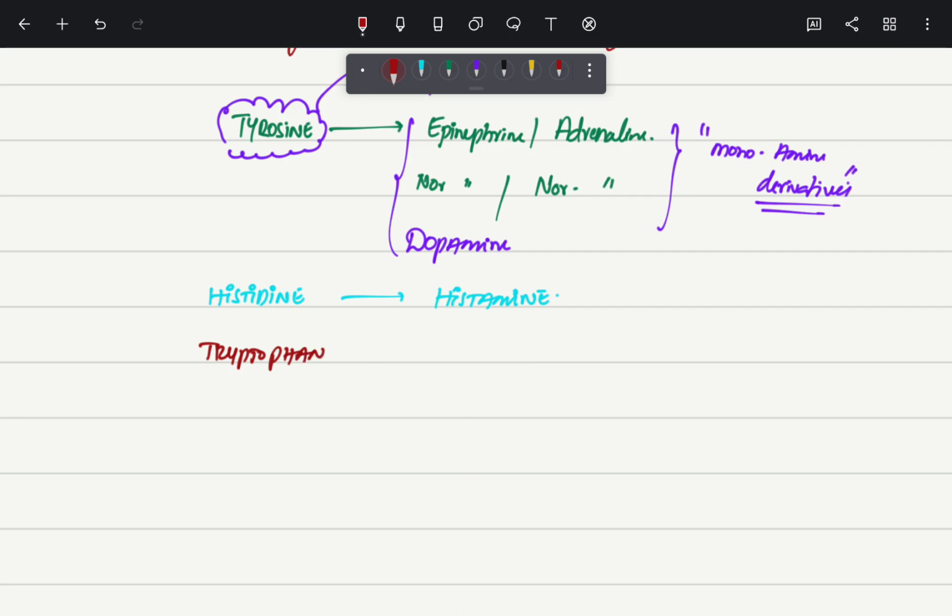From tryptophan, we can synthesize 5-hydroxytryptamine or serotonin. So from tyrosine, histidine and tryptophan amino acids, we can synthesize nearly all these hormones, which are your monoamines or the bioactive amines.